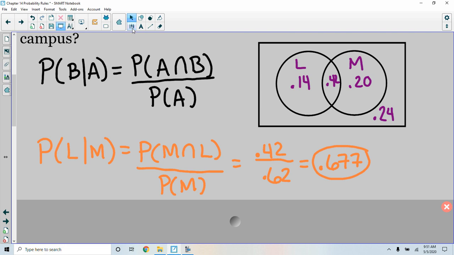If you notice in this formula, the thing that comes second, the thing that we're given, is what ends up on the bottom. And so we take our probabilities that we know, the 42% overlap goes on top, 62% of students have a meal plan, that whole circle, and we get approximately a 67.7% chance that that person we're eating with lives on campus.